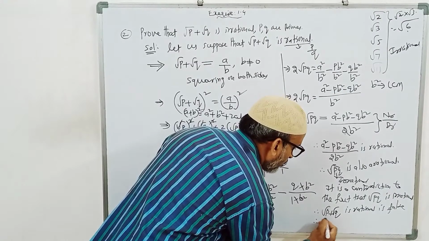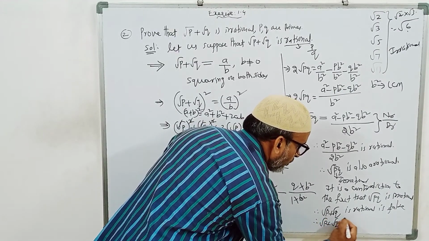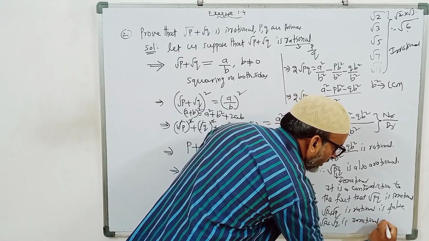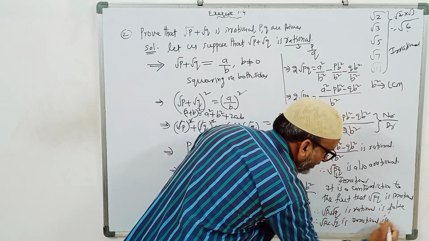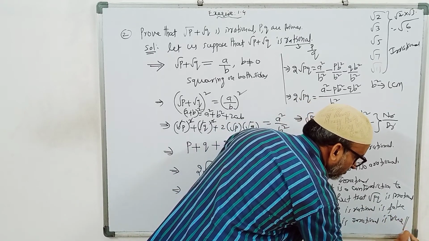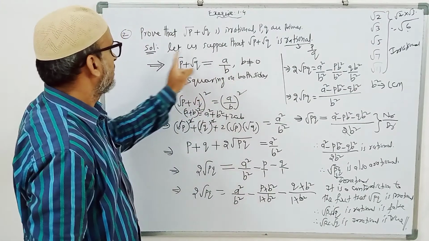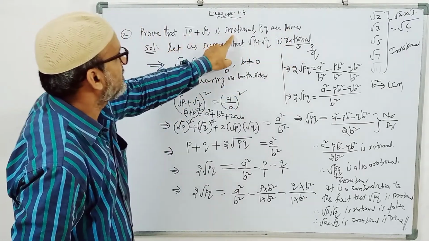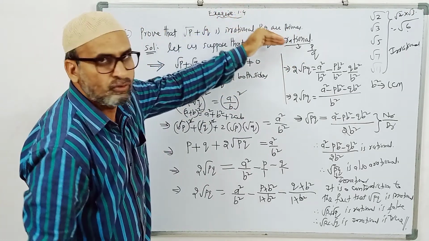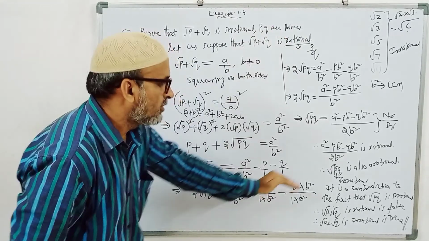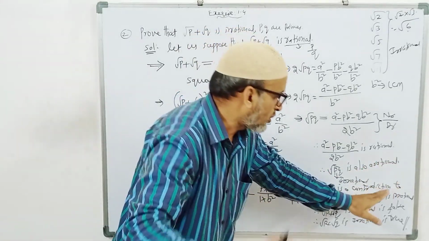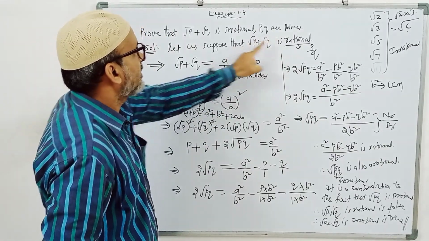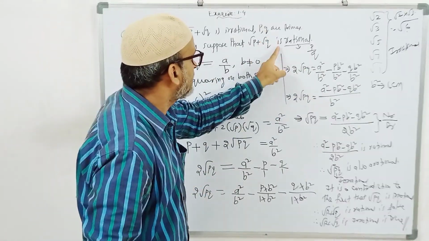Therefore root P plus root Q is irrational. If it is false, then the opposite is true. What we were asked to prove is that root P plus root Q is irrational. So we took the opposite, continued, and finally got a contradiction. Whatever you assumed as rational is wrong, which means it is irrational.